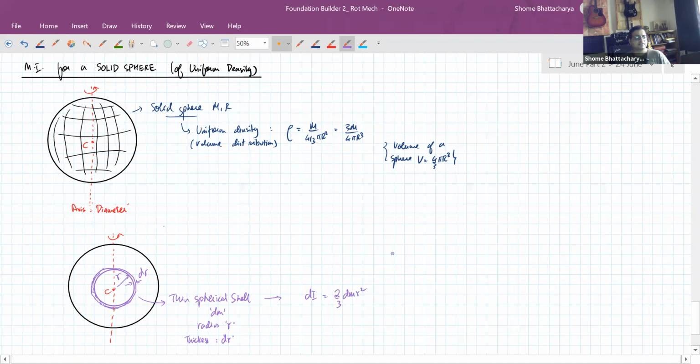Because this is what we just derived in the previous section. Moment of inertia of a shell is 2 by 3 mr square. So here it's a thin shell of mass dm, so it's 2 by 3 dm into its radius square.